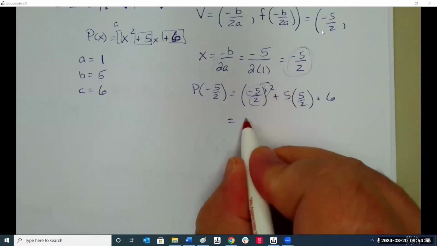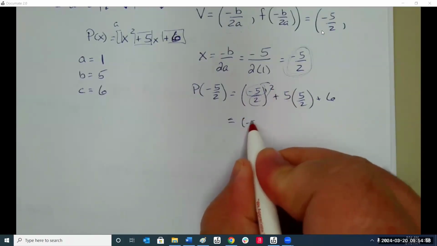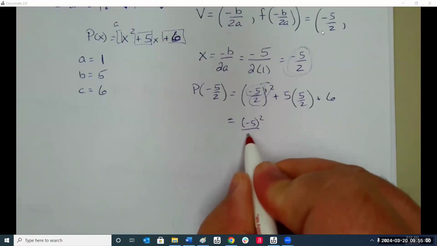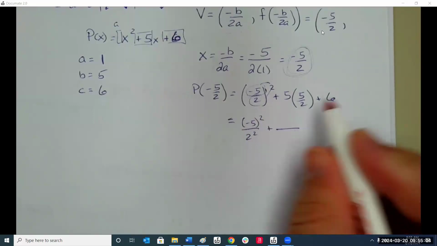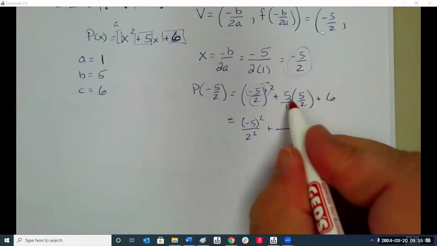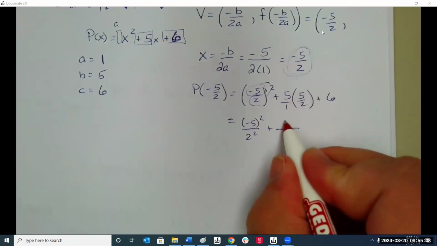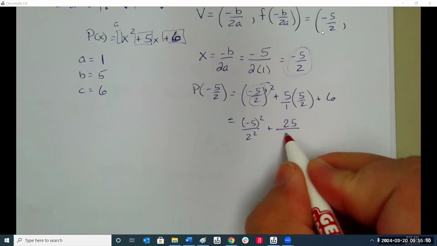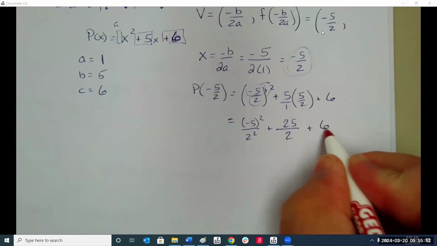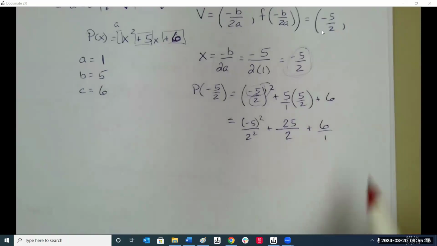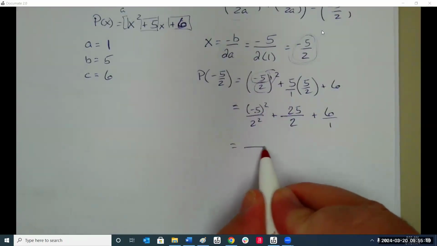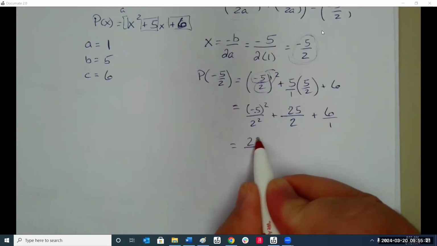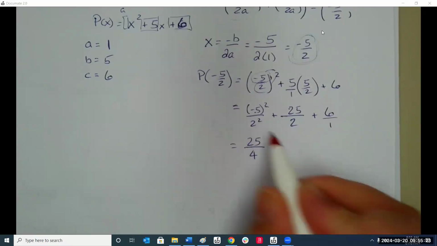Negative 5 squared over 2 squared. Nothing cancels. So 5 times 5 is 25. 2 times 1 is 2. Negative 5 squared is 25. 2 squared is 4.